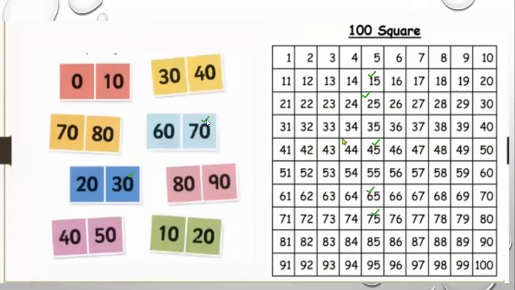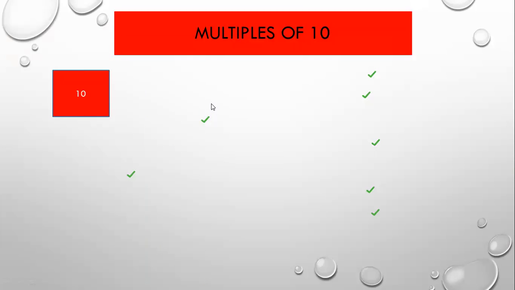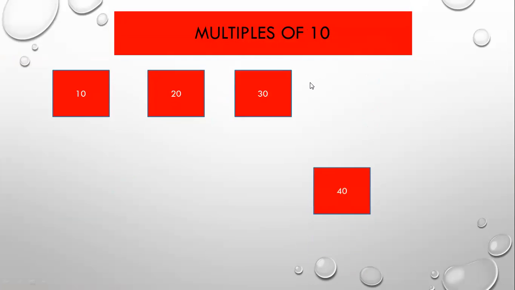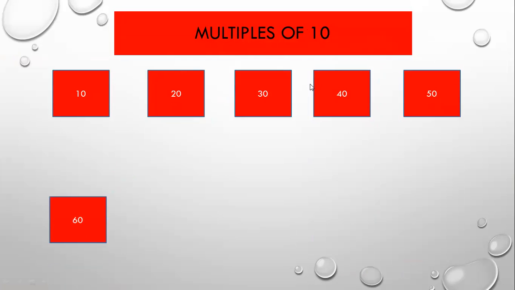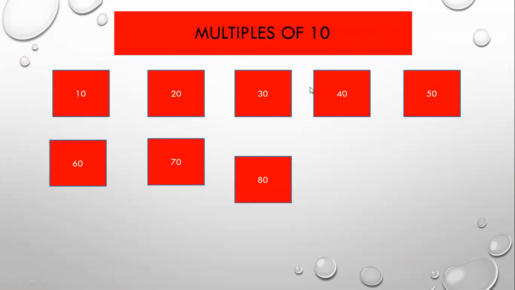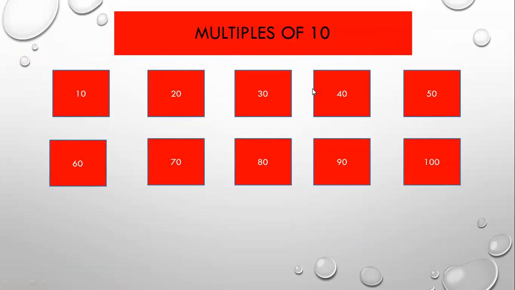Moving on to the next. Let's talk about multiples of 10. Who is going to tell me what the multiples of 10 are? When we read the table of 10, what comes? 10, 20, 30, 40, 50, 60, 70, 80, 90, and 100.